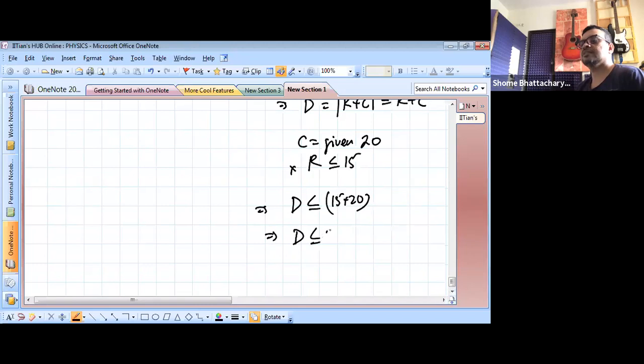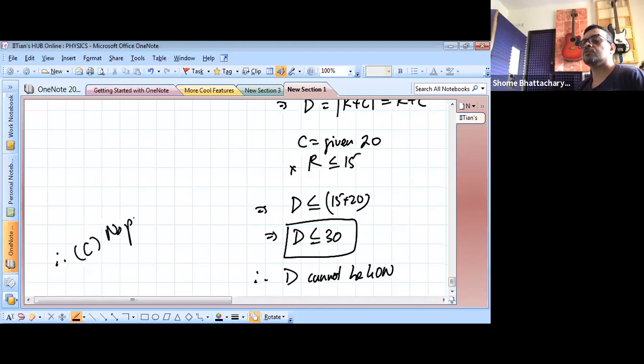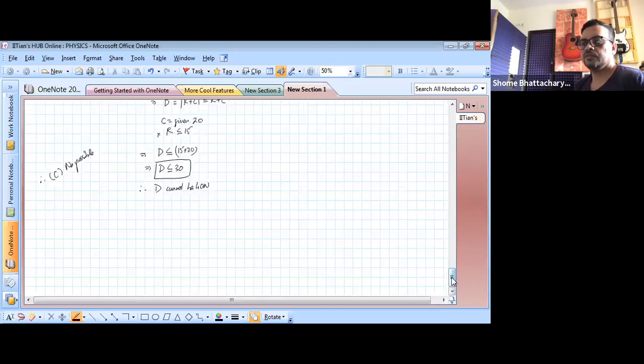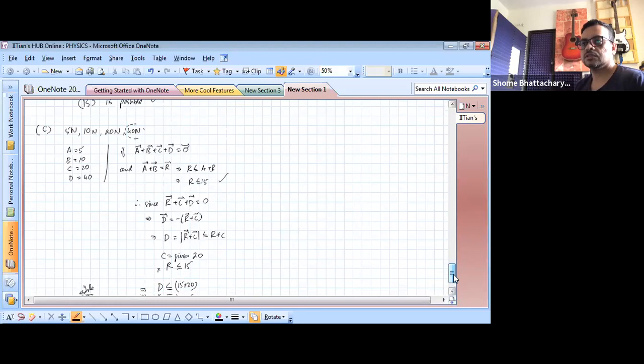So D should be less than or equal to 35. Therefore, D cannot be 40. So therefore, option C is not possible, as the sum of those 4 vectors cannot be 0 if their magnitudes are according to this. Okay.